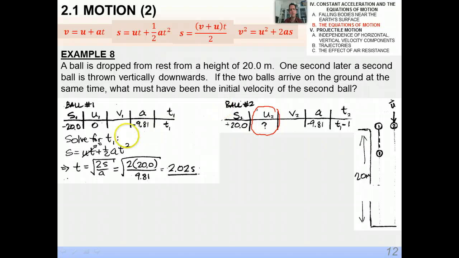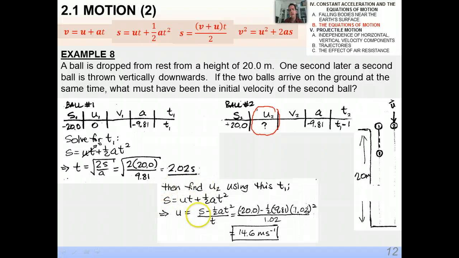First thing I want to do is solve for T. I got T is 2.02 seconds, and then we find the initial velocity of ball number 2 using this particular T1, noting that T2 is T1 minus 1 because it was 1 second later, and I got 14.6 meters per second. So remember, the second ball is catching up with the first ball, and they both hit the ground at the same time.